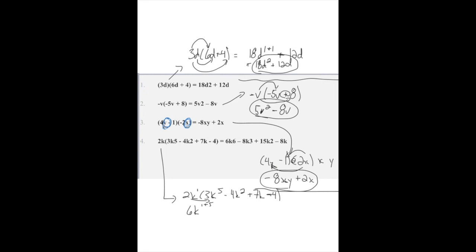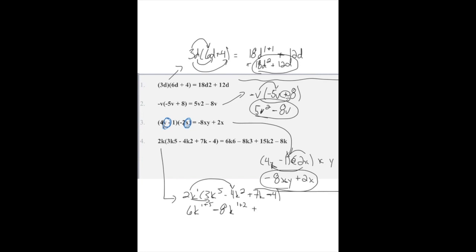Being that this is positive, we're not going to get any changes to our symbols, so this still becomes minus. Then we have 2 times 4, so that's 8. And we have k to the 1 plus 2. There, that should be a 1.